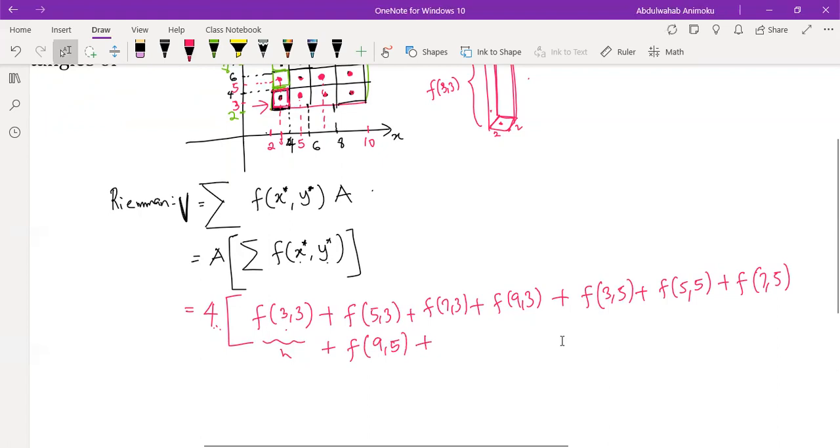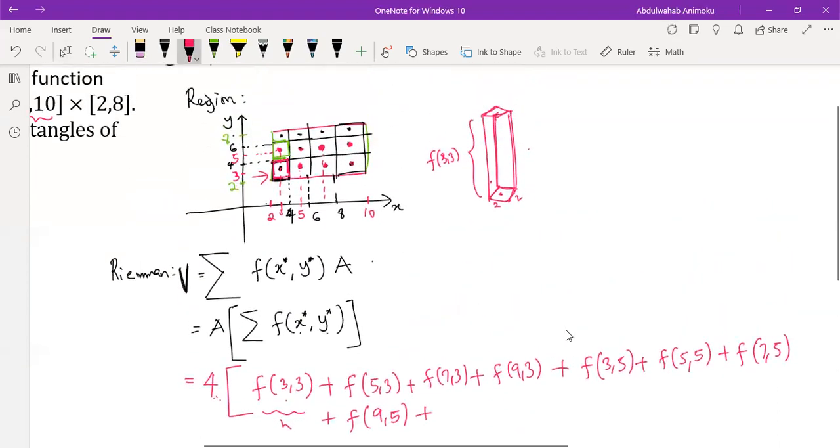Okay, then we move to the upper one, the last layer. In the last layer, we can see that X is still 3, Y has now become 7, right? Check. Y is now 7. So we have X is 3, Y is 7. The next one, X is 5, Y is still 7.